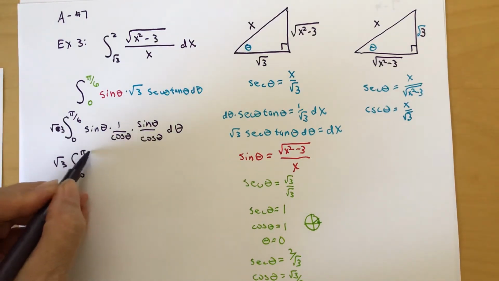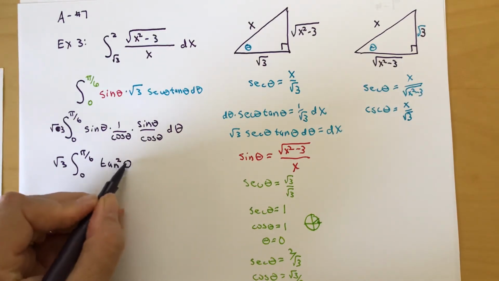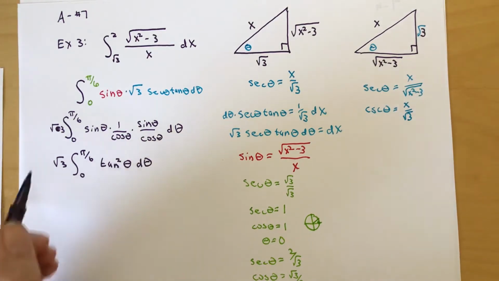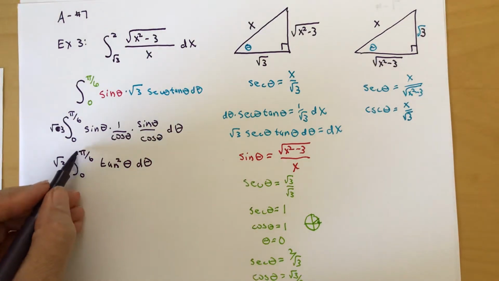And so this ends up being tangent squared theta d theta. Which gives me a little pause. Do I really know how to deal with that?